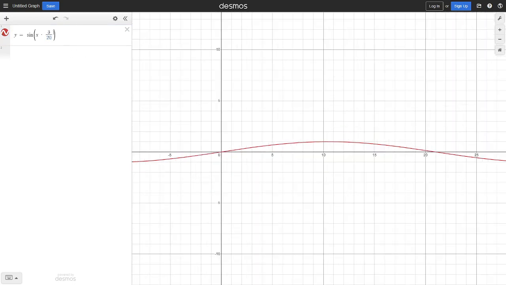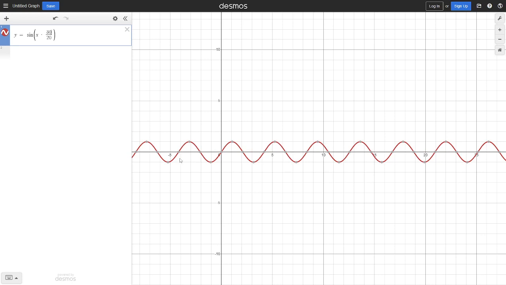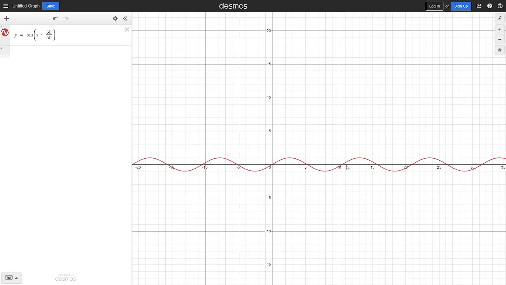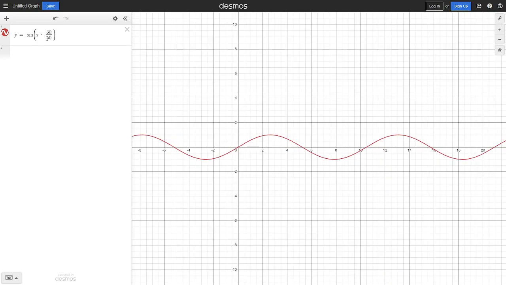Now, if we change the 3 value, say we change it to 30, as you can see, there are a lot more waves. It's more frequent. Now, if we change the 20 and divide by something more, then the amplitude is smaller.